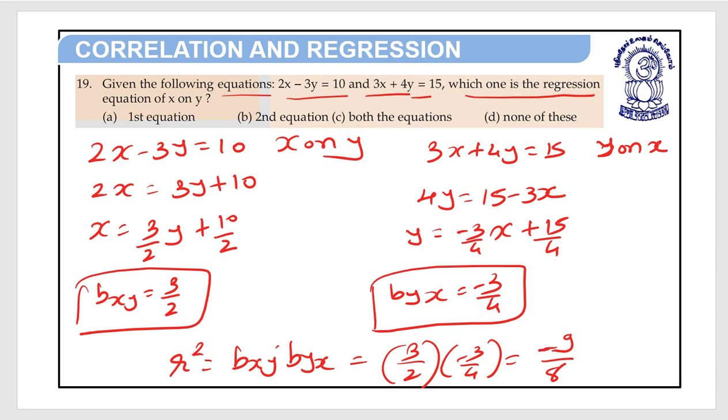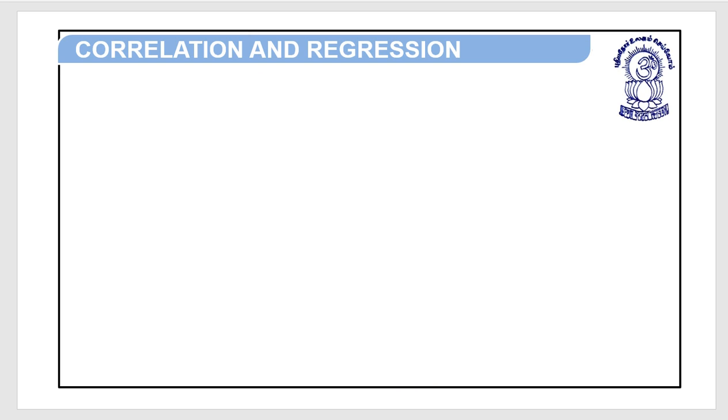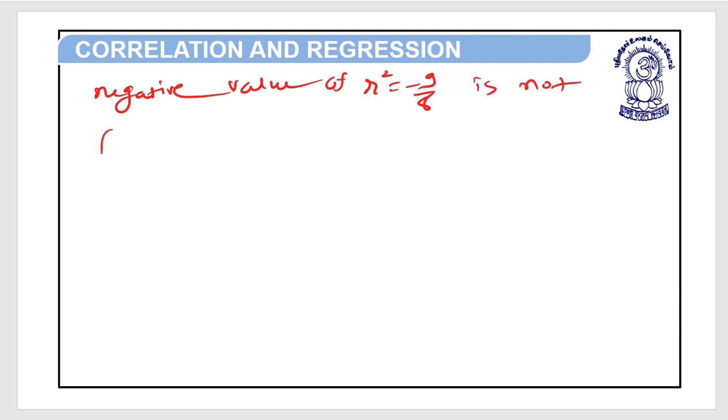So here, a negative value of r square, minus 9 by 8, is not possible, because the square of any value is positive.